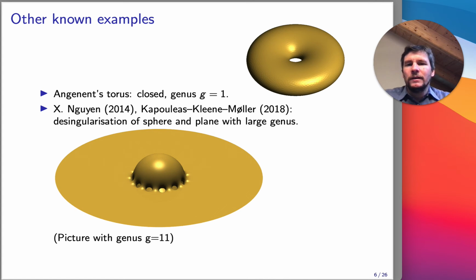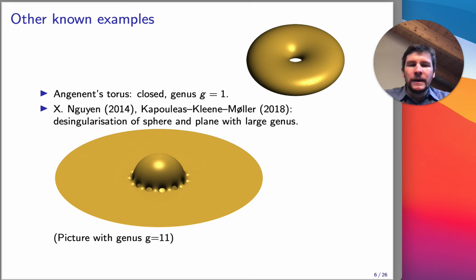Imagine you have the sphere and the plane, they intersect at an equator, and then you glue in some kind of Scherk surface at this intersection. The picture here is with genus 11, a numerical simulation that we have done.